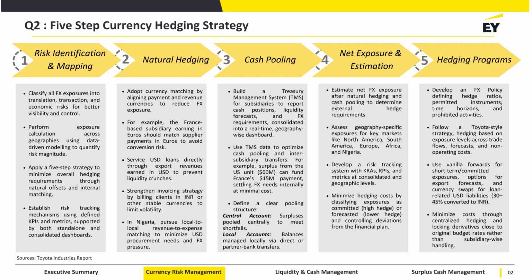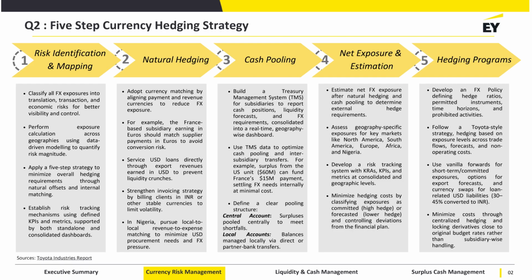And fifthly, hedging programs. Our risk identification and mapping step aims to classify various foreign exchange exposures into three main categories, namely translation, transaction, and economic risks. This allows for better visibility as well as control of such risks.